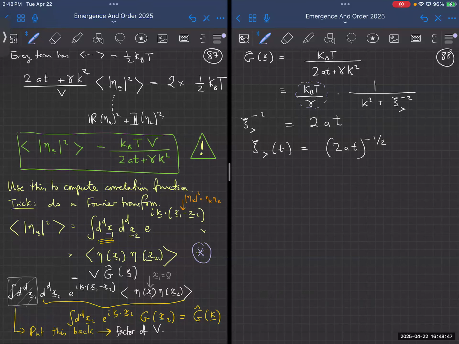And then I've written this part as 1 over k squared plus something. k has dimensions of inverse length, so whatever this thing is here, it has dimensions of inverse length squared. And so I'm going to call that inverse length psi. And I'm calling it psi greater than. Psi greater than is in fact the correlation length for t greater than 0.